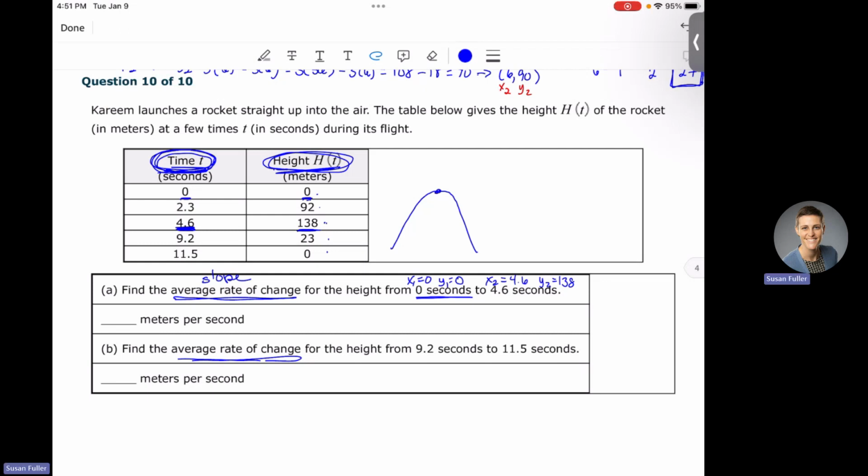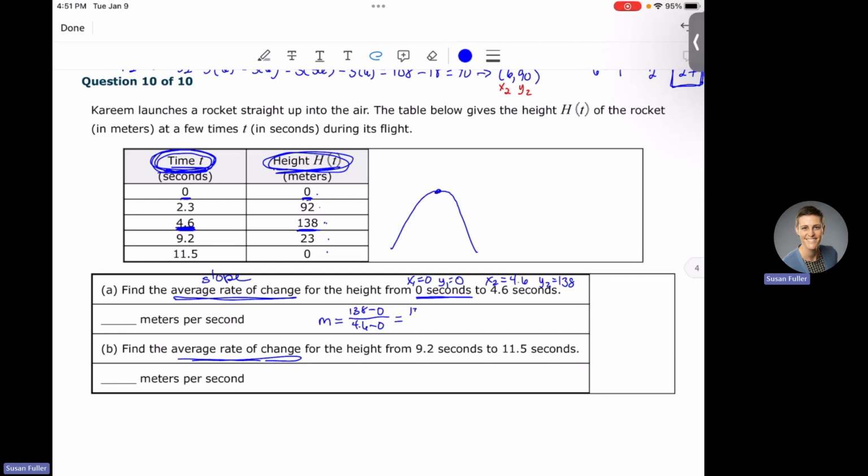And what am I asked for in this problem? Slope. So to find our slope, I'm going to do y2, which is 138, minus y1, which is 0, all divided by 4.6, that's x2, minus x1, which is 0.